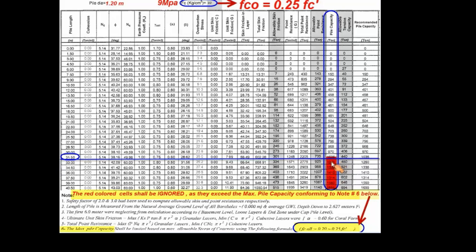Okay, another example. Suppose your pile was 10 meters long, for example, and the basement was 9 meters deep. So 9 plus 10 meters, the length of the pile is 10 meters. So it goes down to 19. So 19 meters here. I can walk horizontally and enter here. How much is your value? It's okay for me. Why?